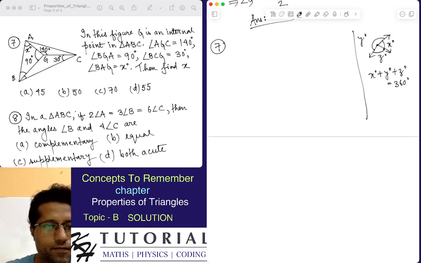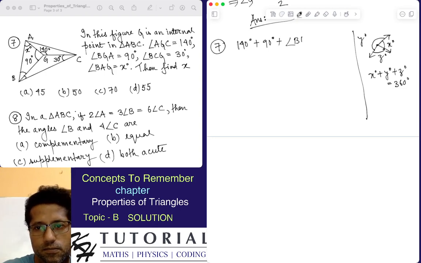So using this fact, if we use the fact that all the angles around the point G should be equal to 360 degree, we will have 140 degree plus 90 degree plus angle BGC is equal to 360 degree.